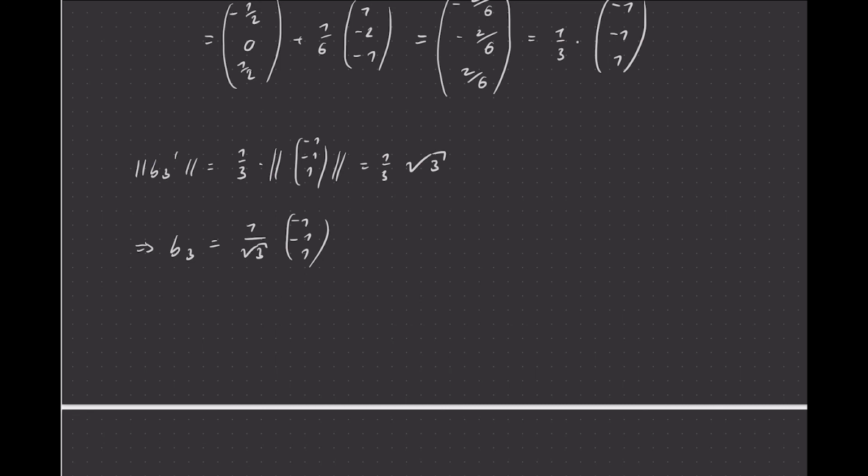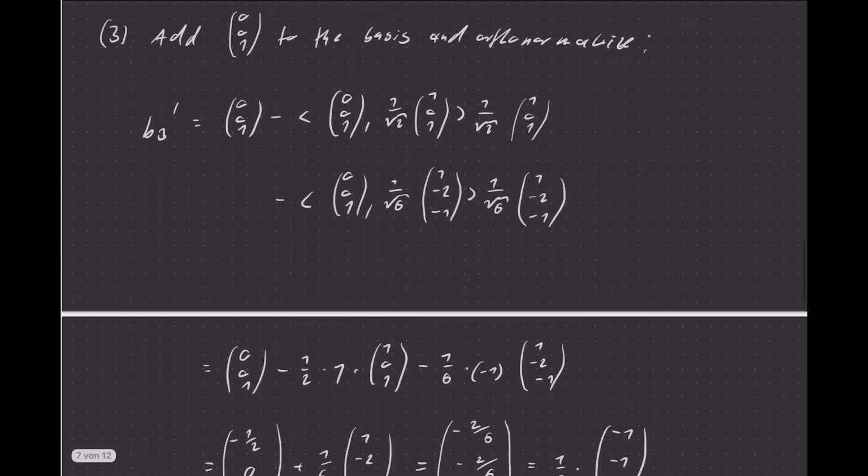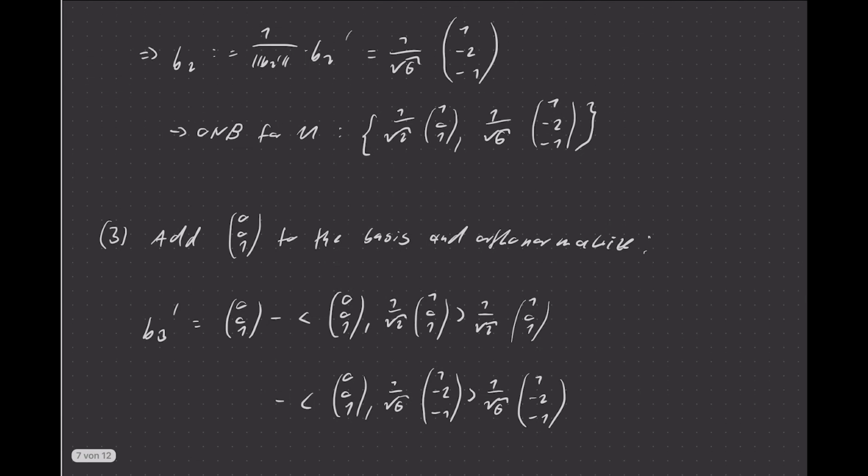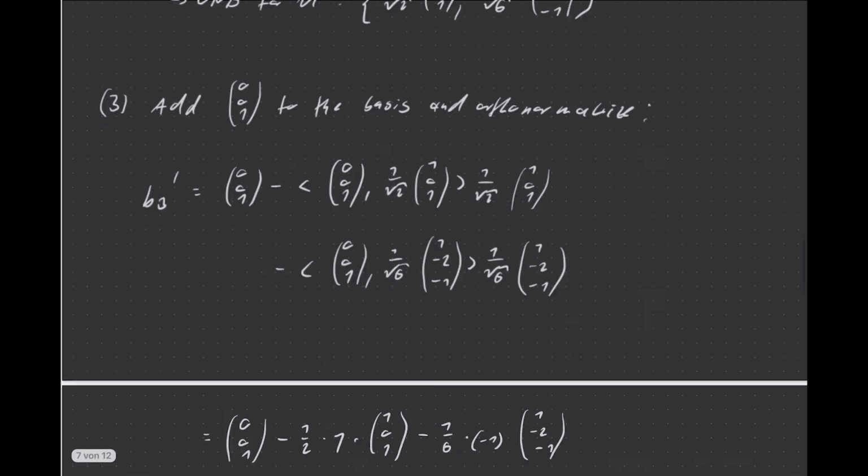Again, quick check, (-1, -1, 1), is that actually orthogonal to the vectors we had before? Minus 1 plus 1, that works. And here we have minus 1 plus 2 minus 1, so that works as well.